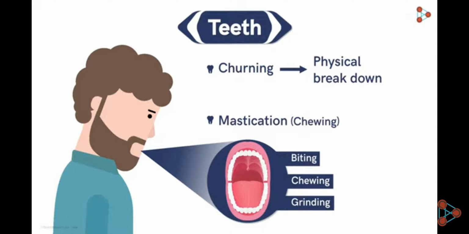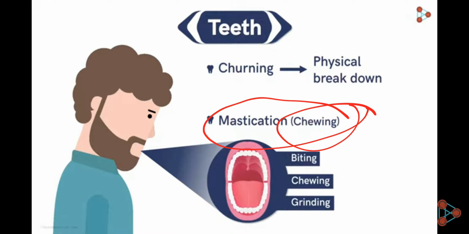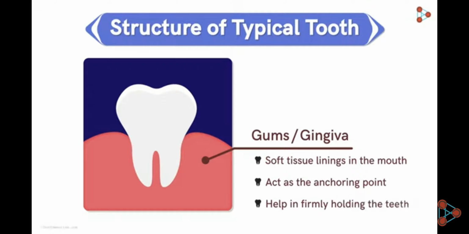Teeth helps in mastication of food, which means chewing of food. So mastication involves biting, chewing and grinding of food. So the first and foremost function of the teeth is mastication of the food. This is the gums. Gums acts as the anchoring point and helps in firmly holding the teeth.